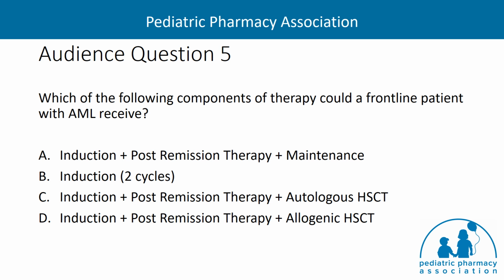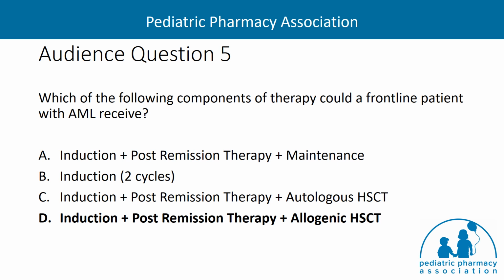Or D, induction plus post-remission therapy plus allogeneic hematopoietic stem cell transplant. And the correct answer is D. So induction therapy plus post-remission therapy and allogeneic hematopoietic stem cell transplant.